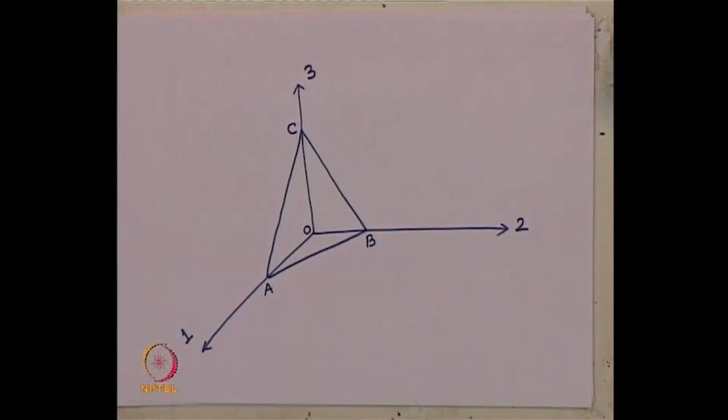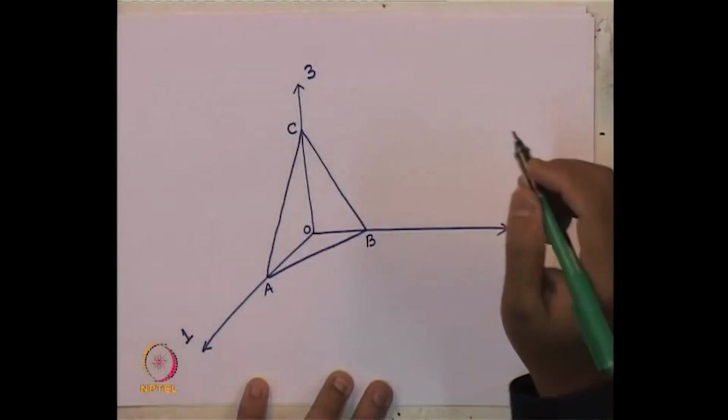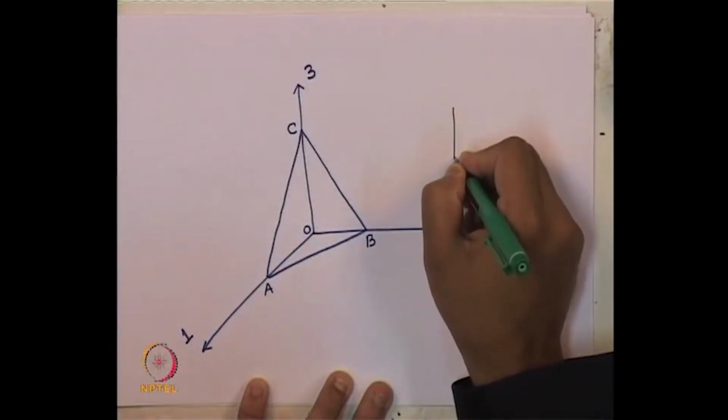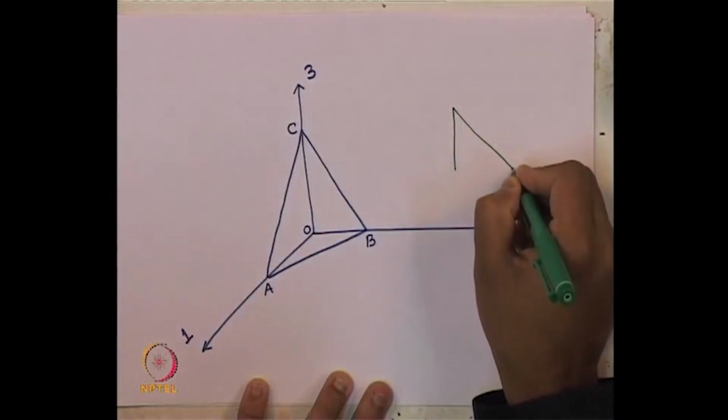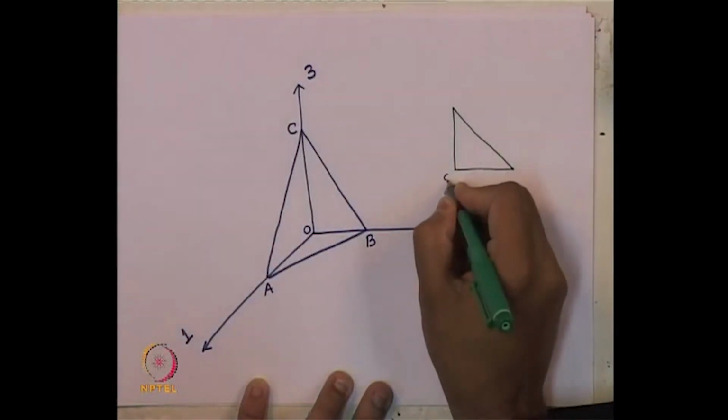As we have taken, these are the principal stress directions. What does it mean? I am considering this plane, let me draw it individually so that it is clear to us.